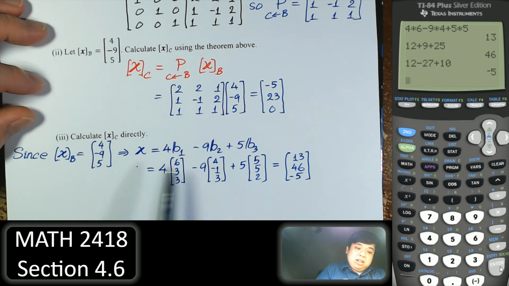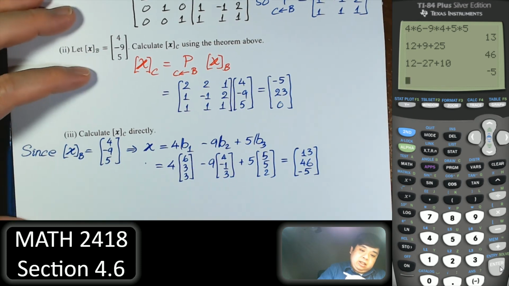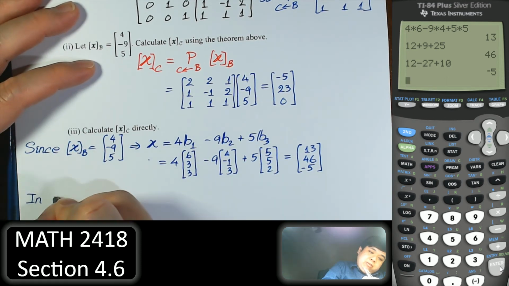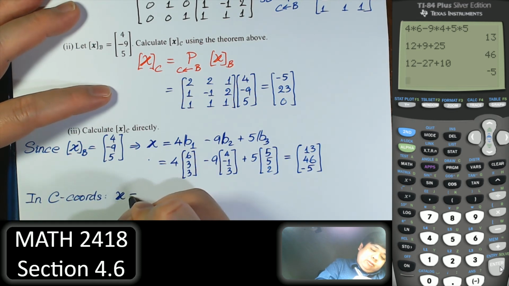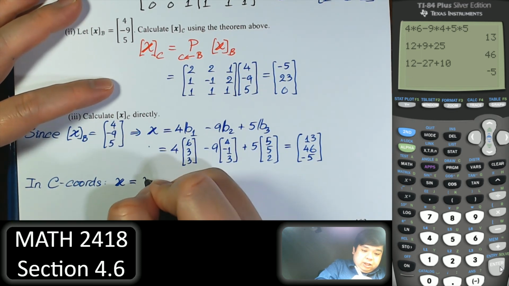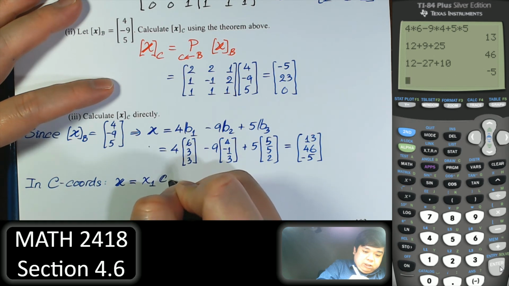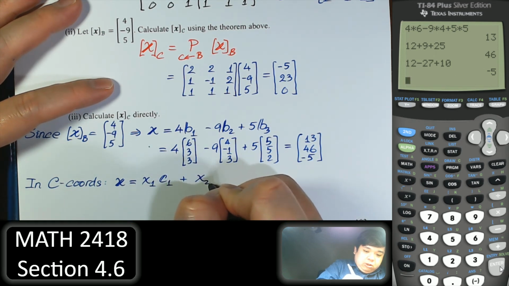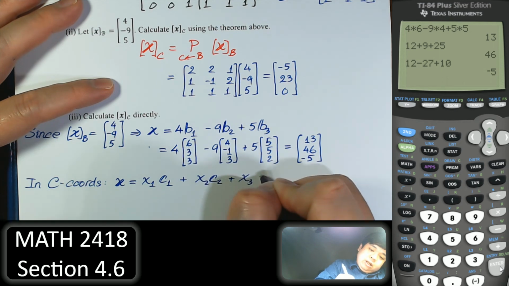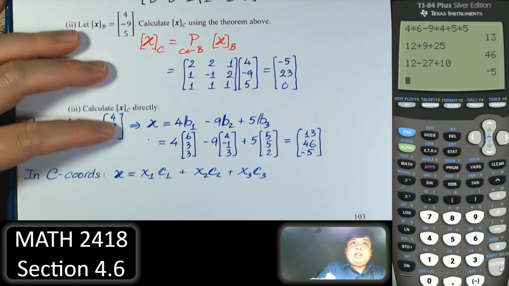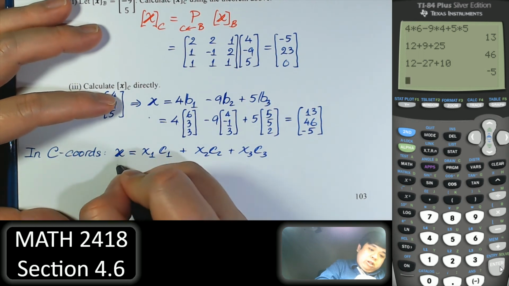Now we can write this in the basis of C. So in C coordinates, we can write x as x1 times c1, plus x2 times c2, plus x3 times c3 equal to x. So we write the equation.